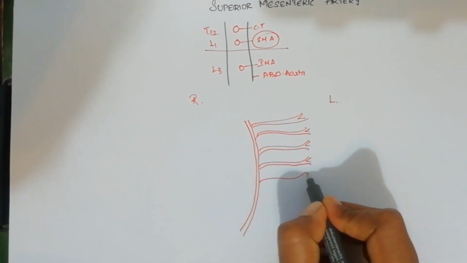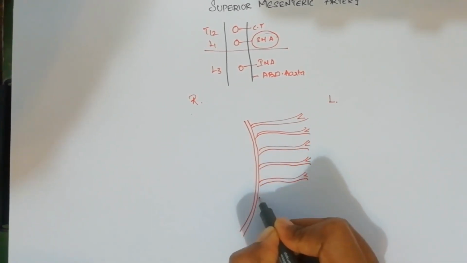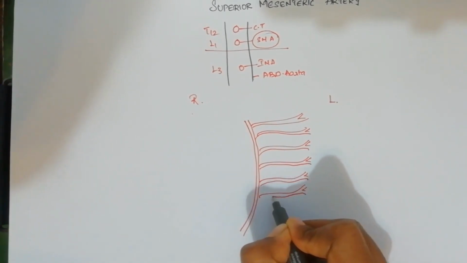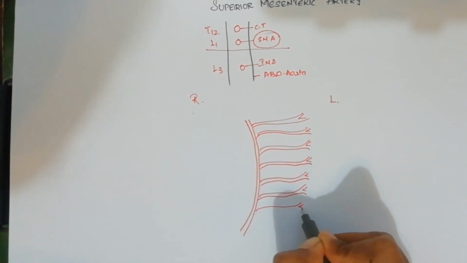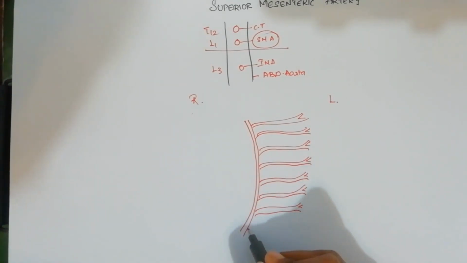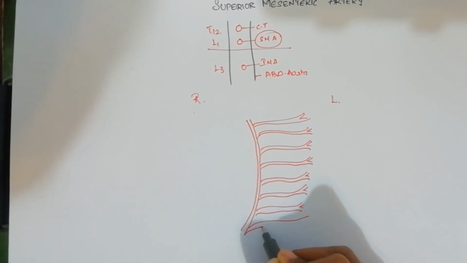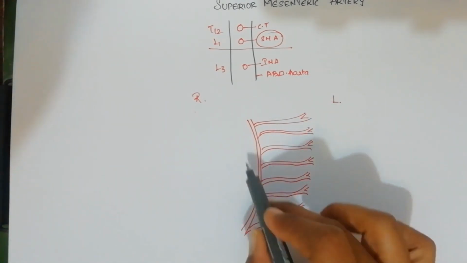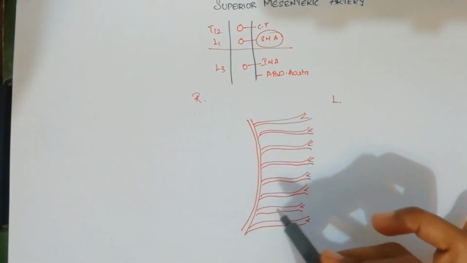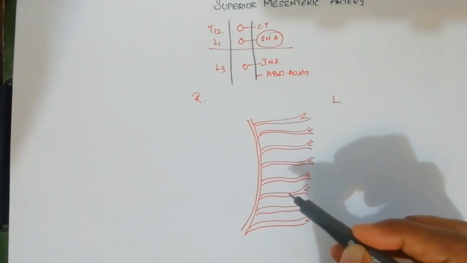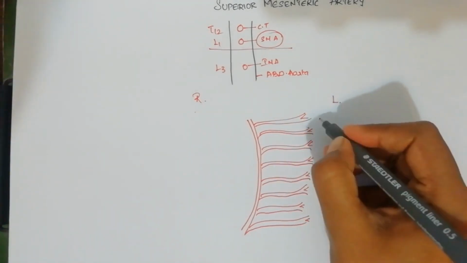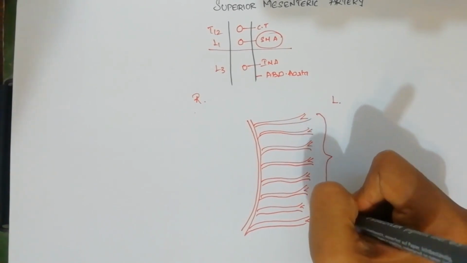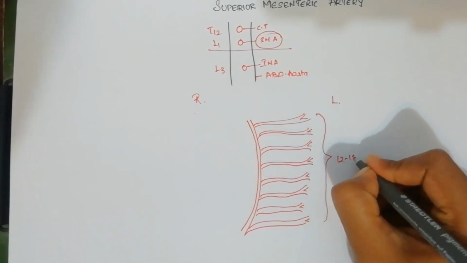For the duodenum, we have some separate branches arising from celiac trunk and also from the superior mesenteric artery. But for jejunum and ileum, we have all these branches arising from the convexity of the superior mesenteric artery. These straight vessels supply the whole of the jejunum and ileum, and are 12 to 15 in number.